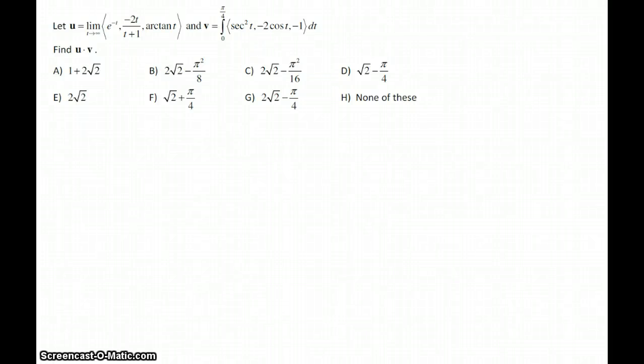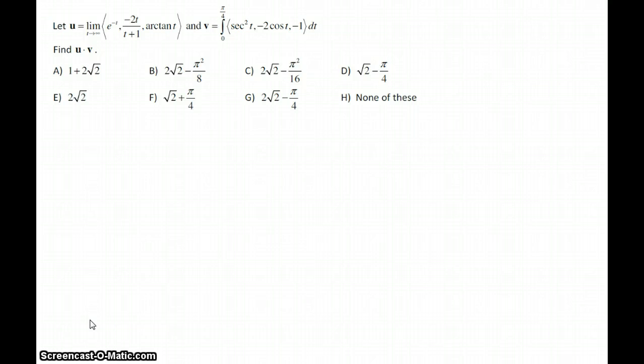In this problem we have a vector u, which is going to be the limit of another vector, and a vector v, which is going to be the integral of another vector, and in the end we want to find the dot product between u and v. So this is more of mini problems.